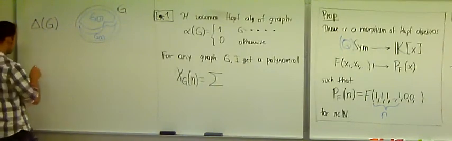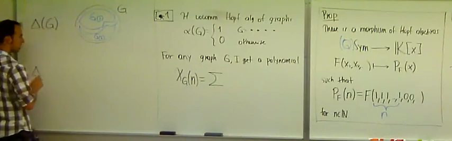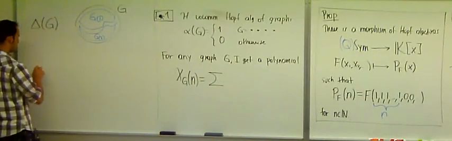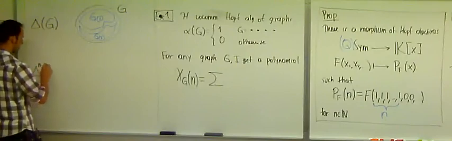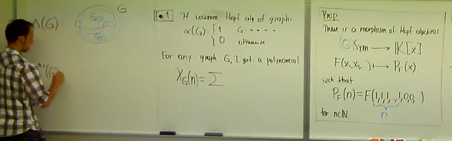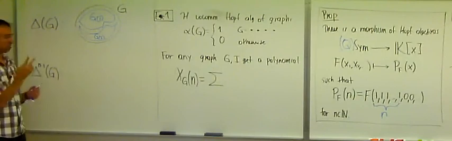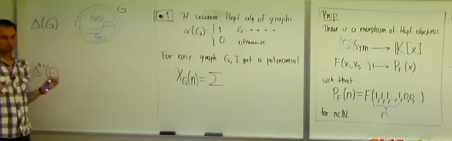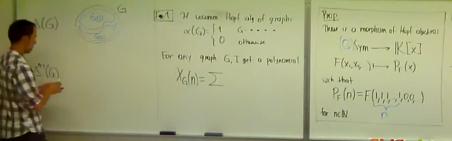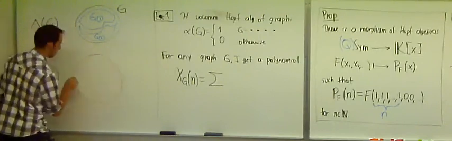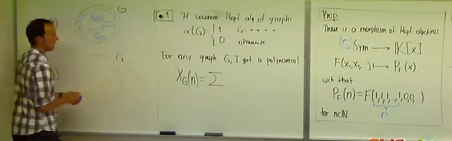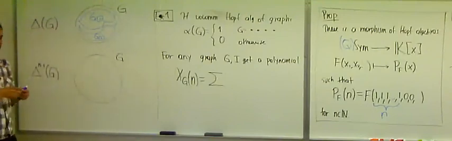So what happens if we now take the nth coproduct, or I guess the n minus first coproduct? We know what that does: instead of cutting my graph into two parts, I cut it into n parts. So I take my graph, and now I split my set of vertices into n sets.